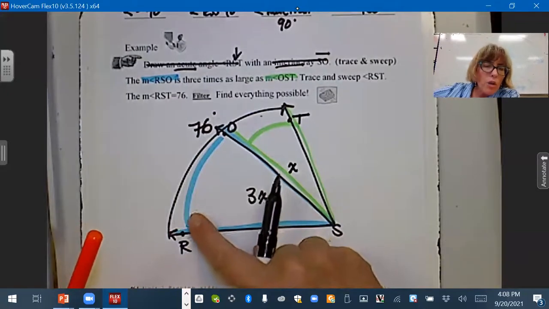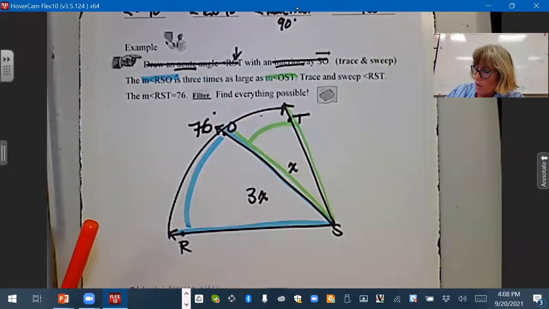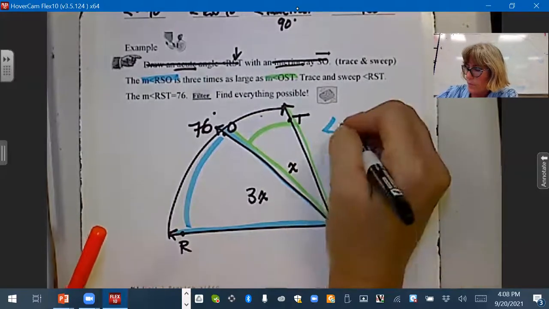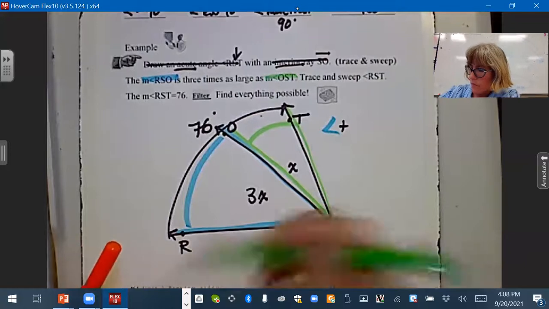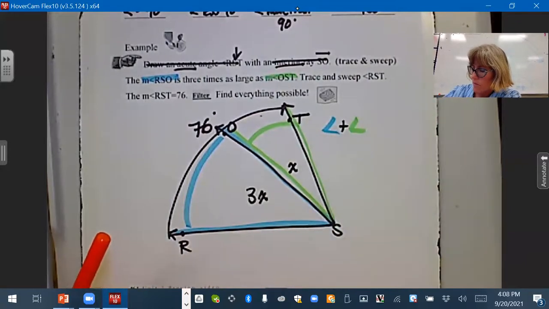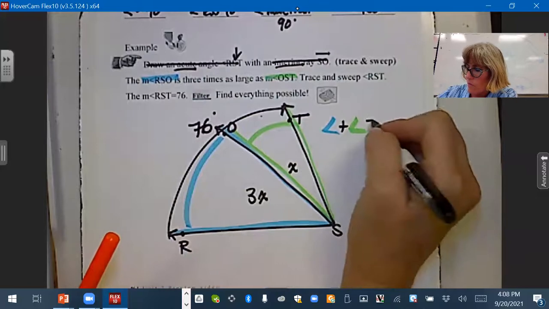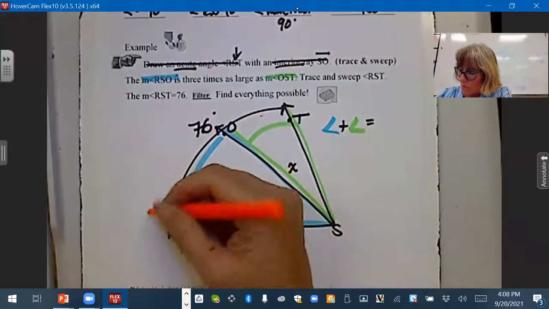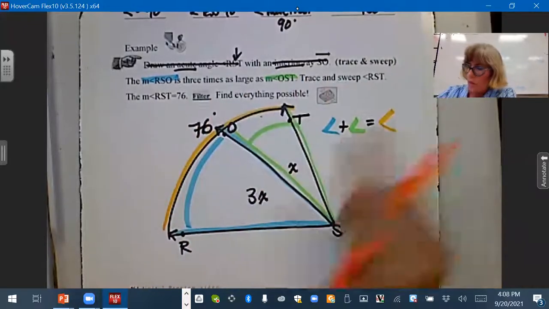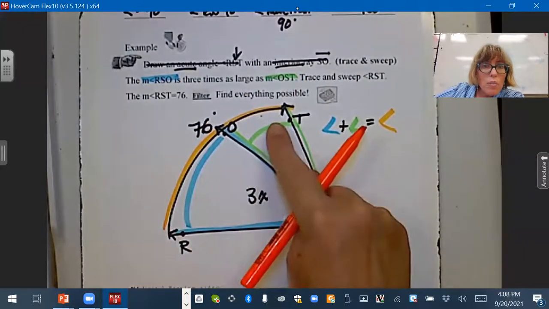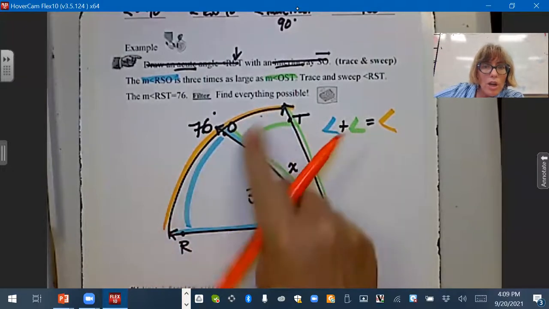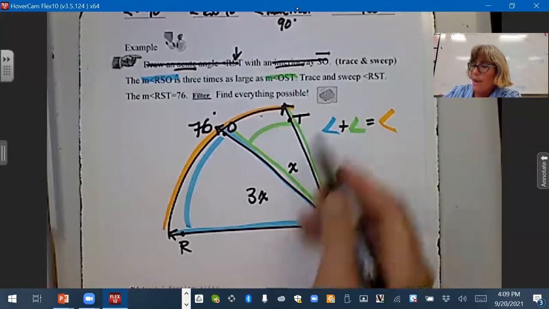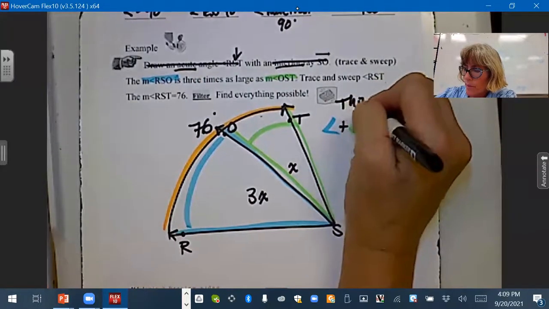Well, what we know is true is our thing equation is simply going to be this angle plus this angle equals the large angle. Blue plus green equals orange, or whatever colors you used. Now, there's your thing equation.